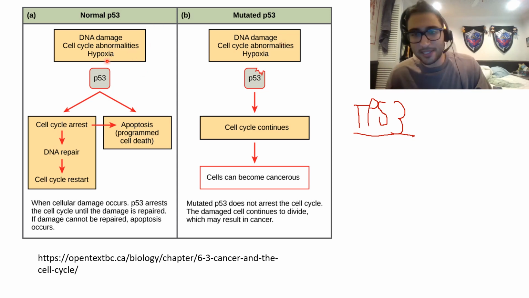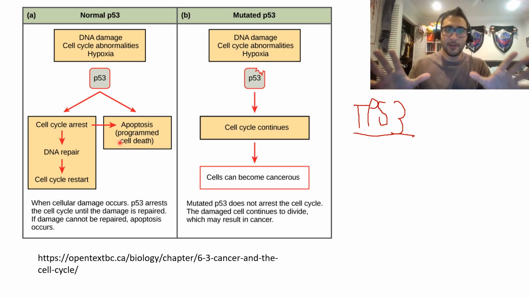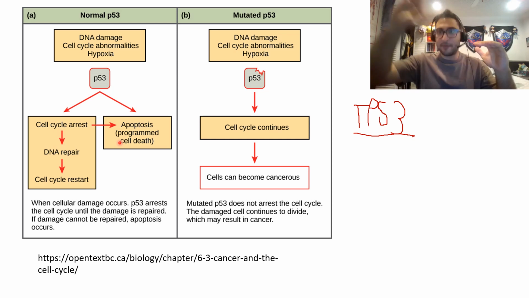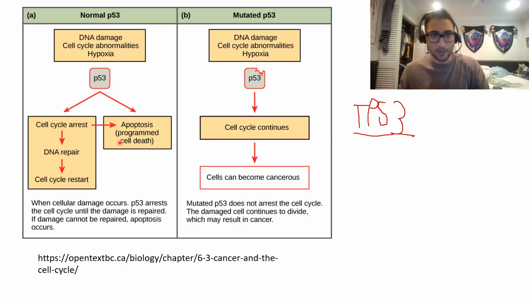What happens in the presence of abnormalities in the cell cycle, if there's damage to the DNA, or in cases of low oxygen, is that P53 is going to stop cell division and try to fix the issue. If the issue can be fixed, the cell cycle will start over. If the issue can't be fixed and the levels of P53 continue to elevate, then programmed cell death occurs. So when cellular damage occurs, P53 arrests the cell cycle until the damage is repaired. If the damage can't be repaired, you get apoptosis.